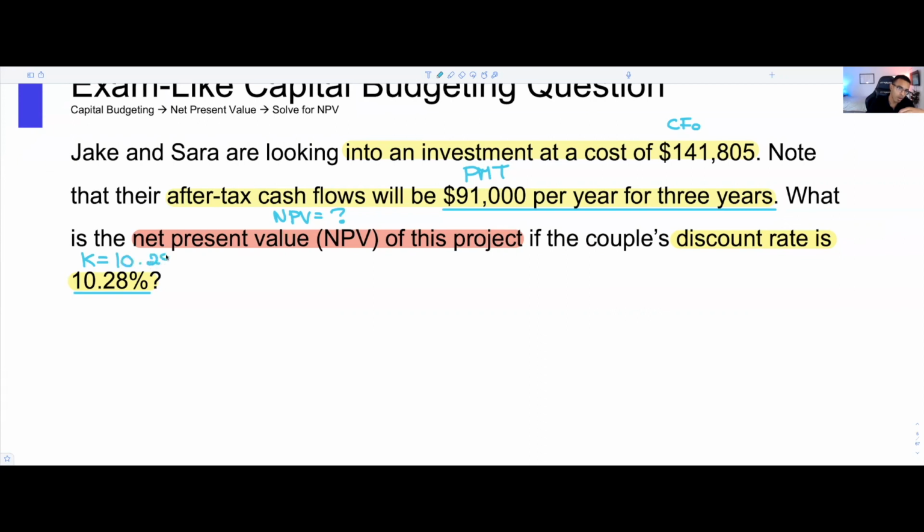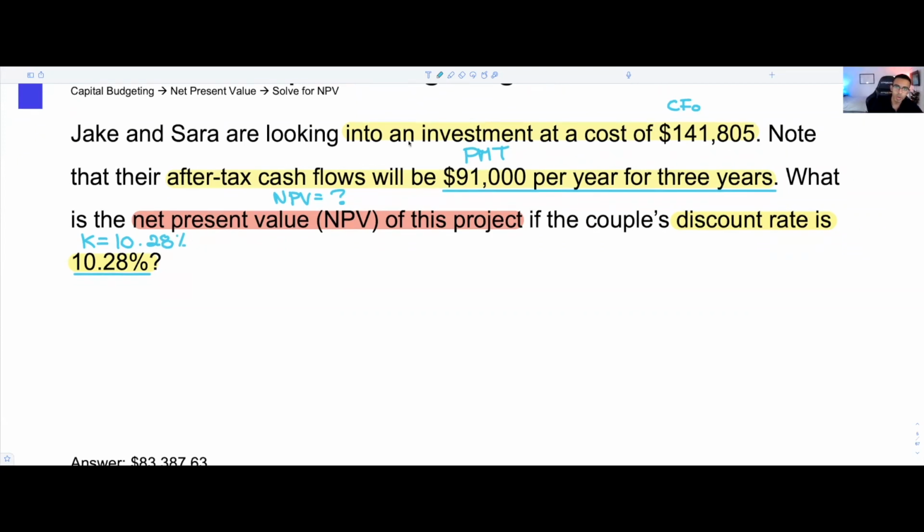Now, there are a few ways to go about this. You can go about this in 2 distinct methods. The first way, and I'll create a structure for y'all, is by using the formulas. You would solve for the present value of your normal annuity in this case, because you're getting cash flows for a specific amount of time that occur at the end of the year and are the same every single year.